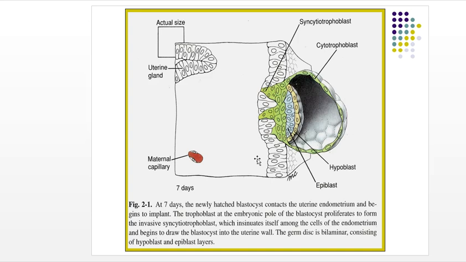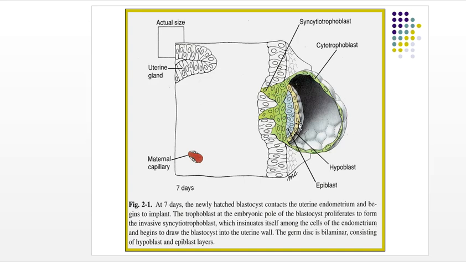First of all, as you remember, at the end of the first week, the embryo or blastocyst attached to the endometrium by receptors, and at this time gradually the inner cell mass differentiated in two layers.